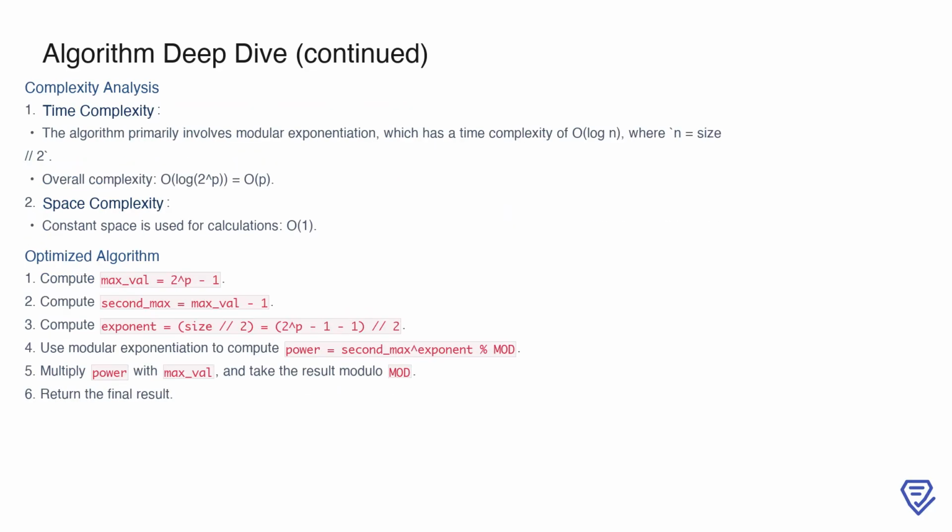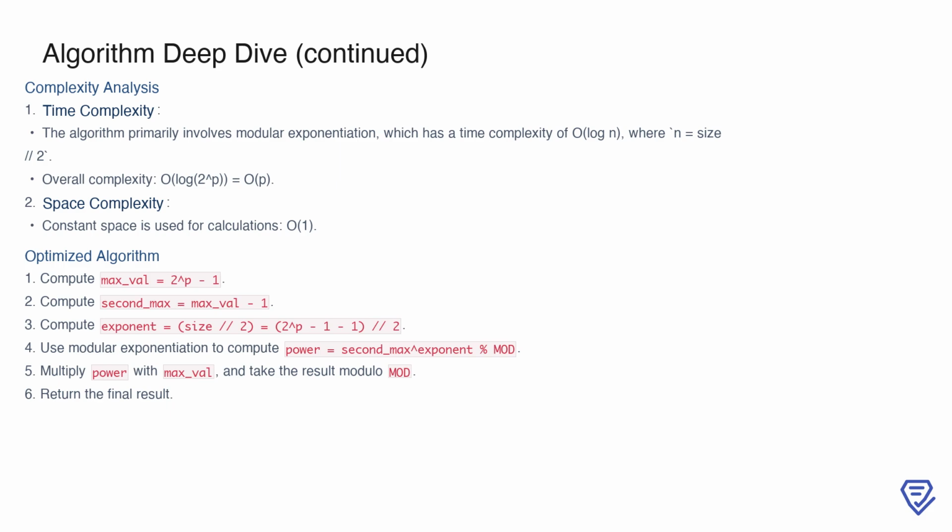The time complexity of this algorithm is dominated by modular exponentiation, which operates in O(log n) time, where n is the exponent. Since the exponent is proportional to 2^p, the overall complexity simplifies to O(p). The space complexity is O(1), as the algorithm only uses a constant amount of space for intermediate calculations.